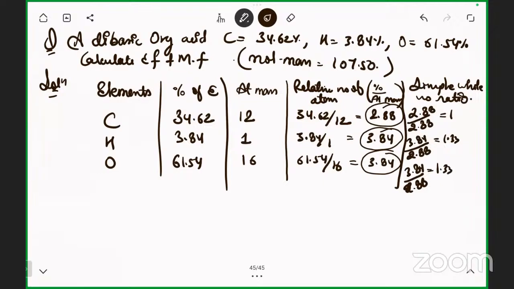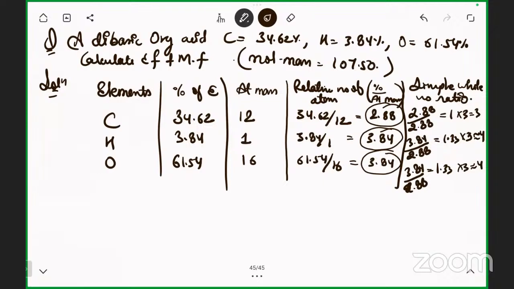To make it an actual whole number ratio, not in decimals, you multiply them by a number so that they form whole numbers. So now I'll multiply by 3, by 3, by 3. So it will be 3, around 4, around 4.